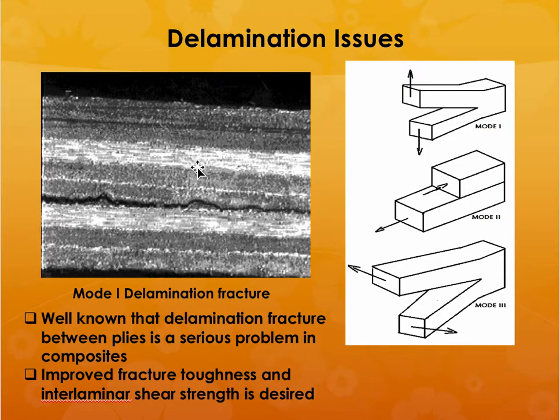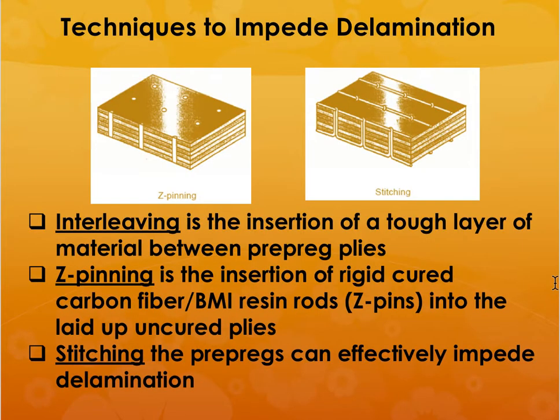And this is even more exacerbated if your properties are measured in the mode 1, normal load method. So it's a serious problem. So improved fracture toughness and interlaminar shear strength is desired, especially for mode 1 type of properties.